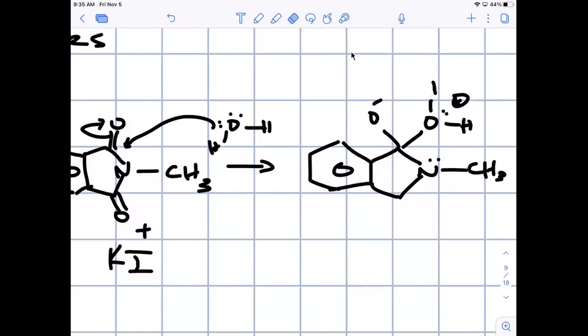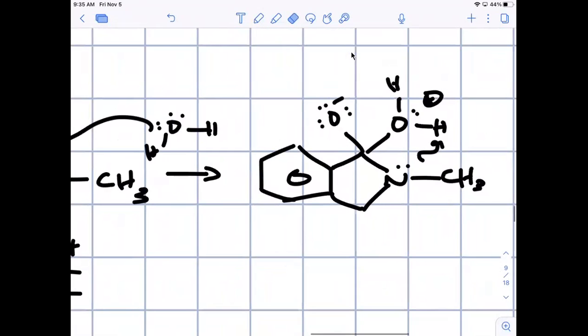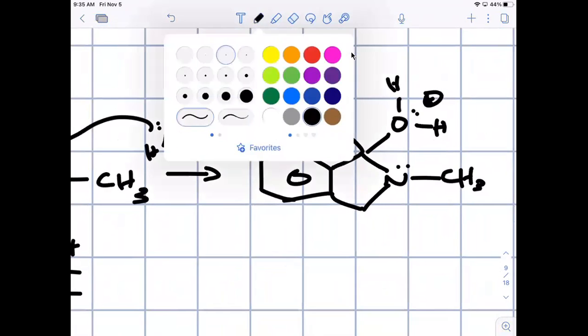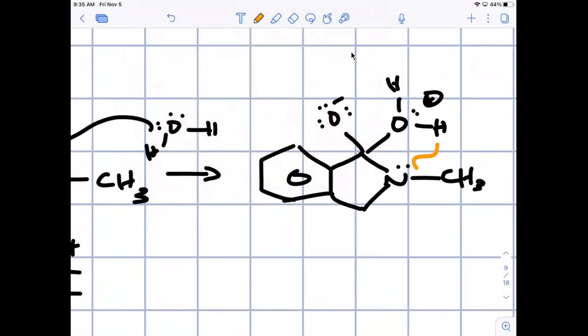Right, so now you have this hydronium, right? And again, we can do a proton transfer. Let me change the color of that arrow, make it more apparent. We can do a proton transfer here, right?